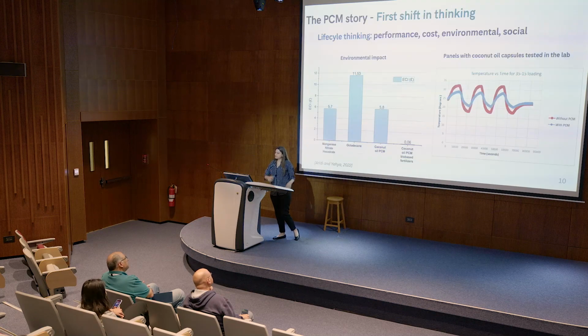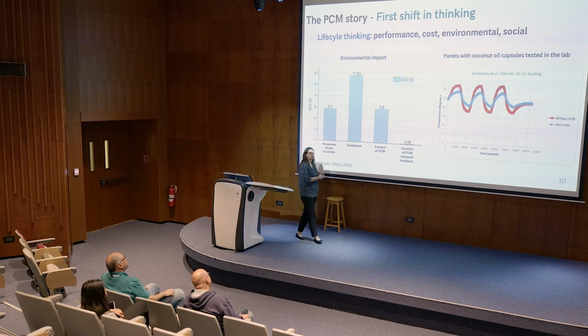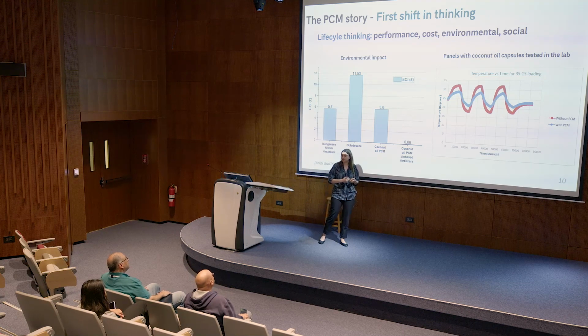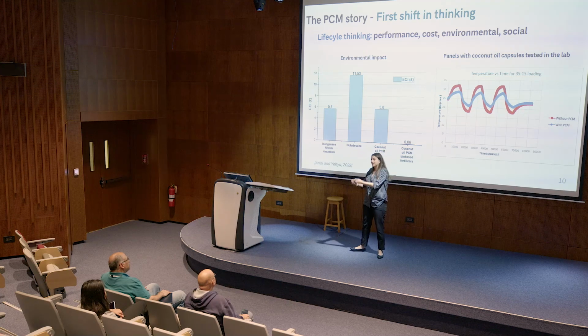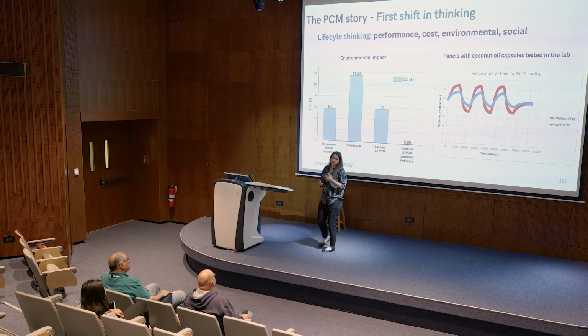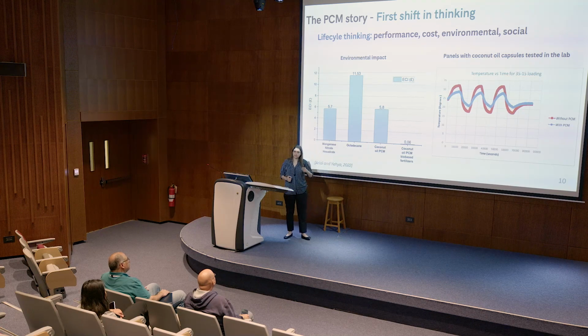So the first shift in my thinking is, okay, we're trying to decrease the greenhouse gas emissions, and now we're using products and materials that would emit greenhouse gas emissions during production and have a negative impact on the environment. So the first shift was, let us look for materials that have lower impact.